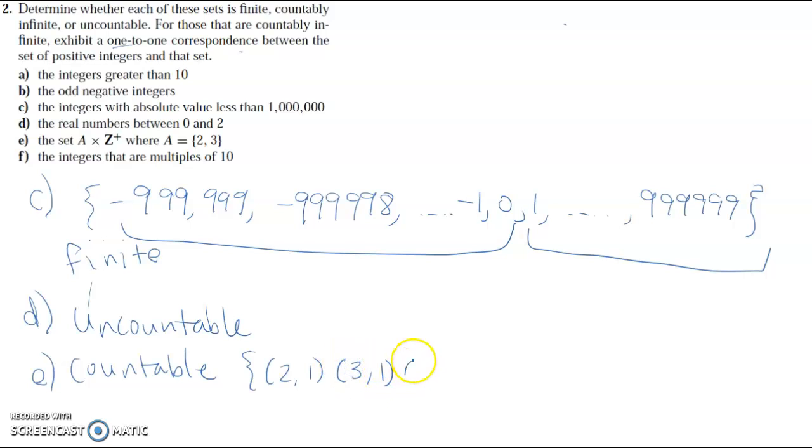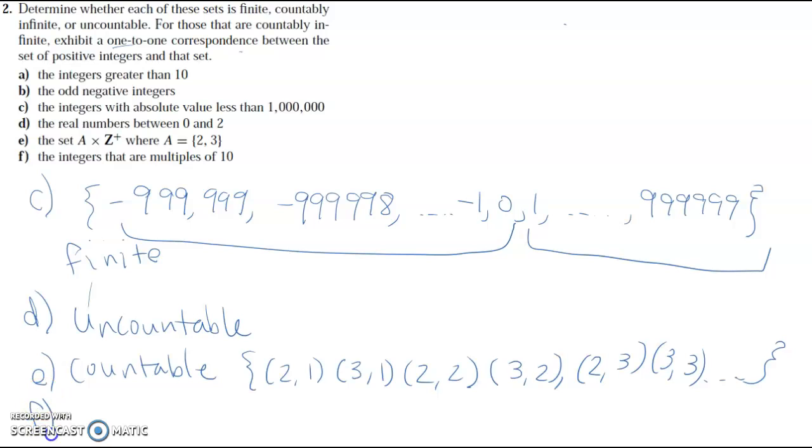There's 3, 1, 2, 2, and 3, 2. What else? 2, 3, 3, 3, and so on. So this again would be countable.